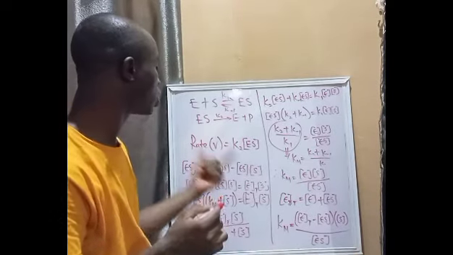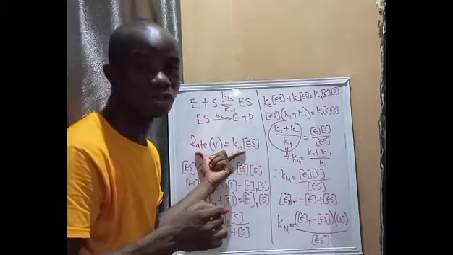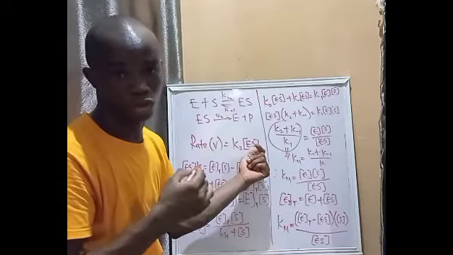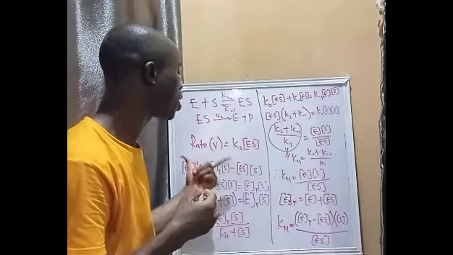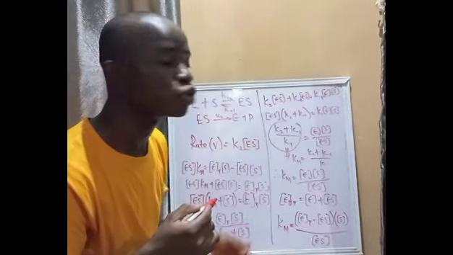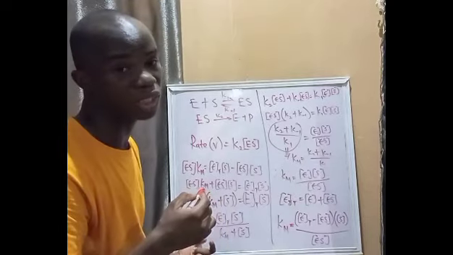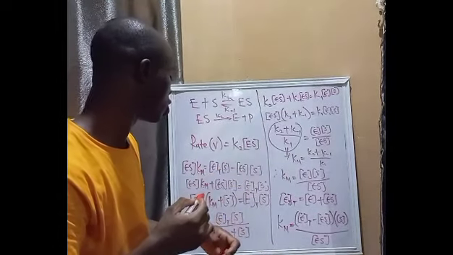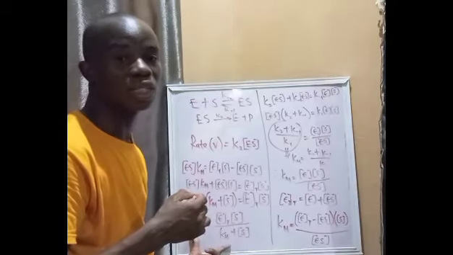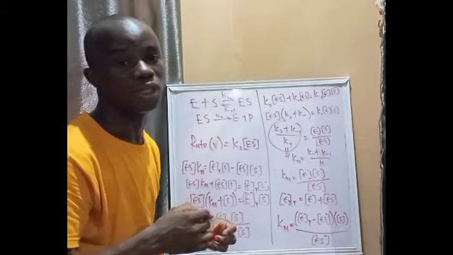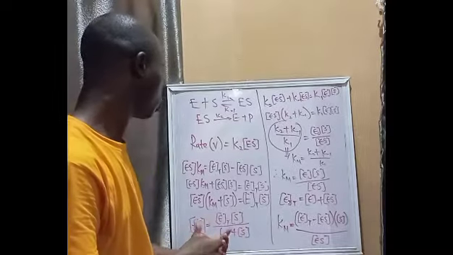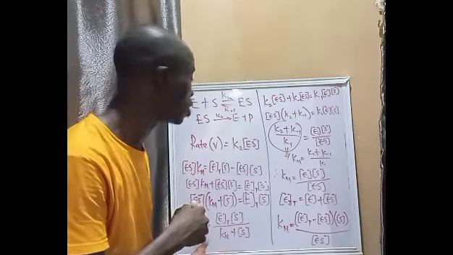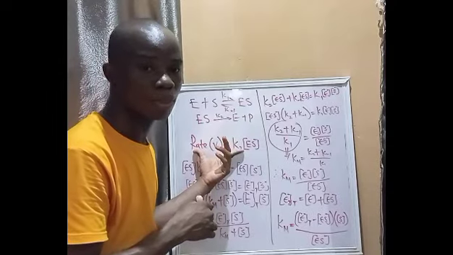I said something the other time that for this rate law, or for this rate expression, the intermediate must not be there. So we applied the steady state approach to get an expression for this intermediate, so that we can remove it from this expression. Now we already have that expression, and therefore I will substitute for this concentration of the enzyme-substrate complex in this rate law.